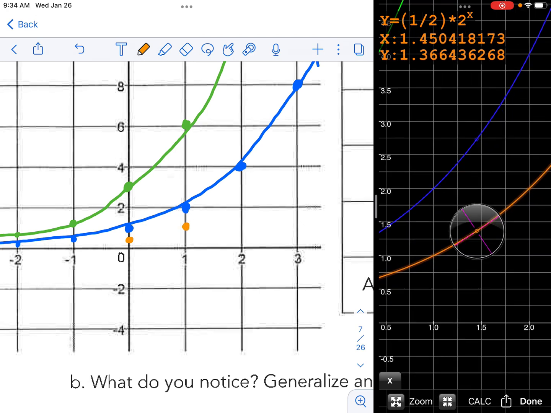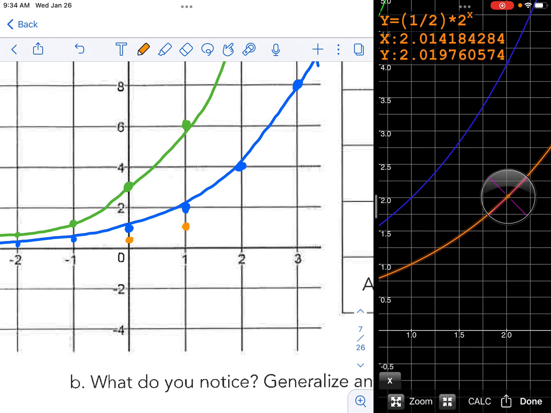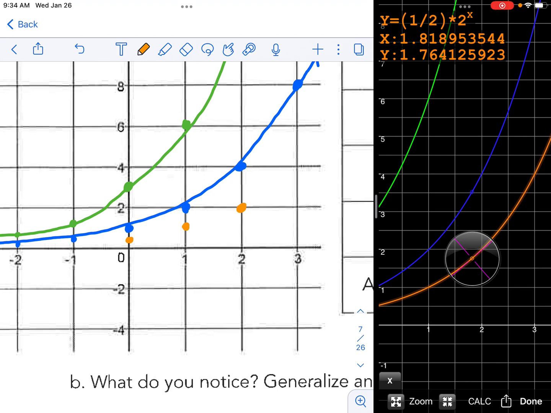And then when x equals 2, we're up here at 2. So it's half of 2 squared, which is half of 4, which is 2. And then when we're at 3, it's half of 2 cubed, right? So 2 cubed is 8, and half of that is 4.